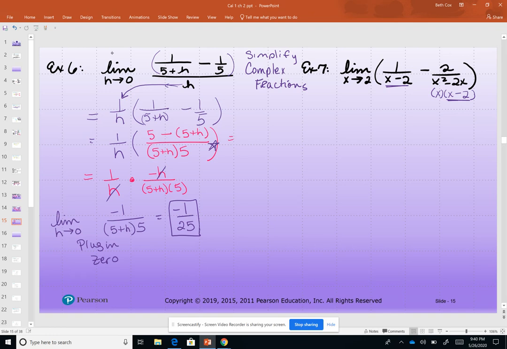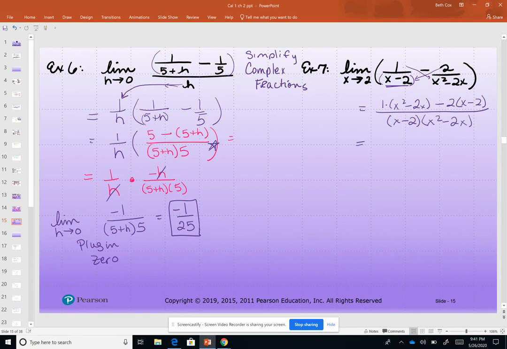I'm going to leave that as it was, and I'm going to do 1 times x squared minus 2x minus 2 times that one, all over those two multiplied together. Now the trick is not to multiply them out if you don't have to.